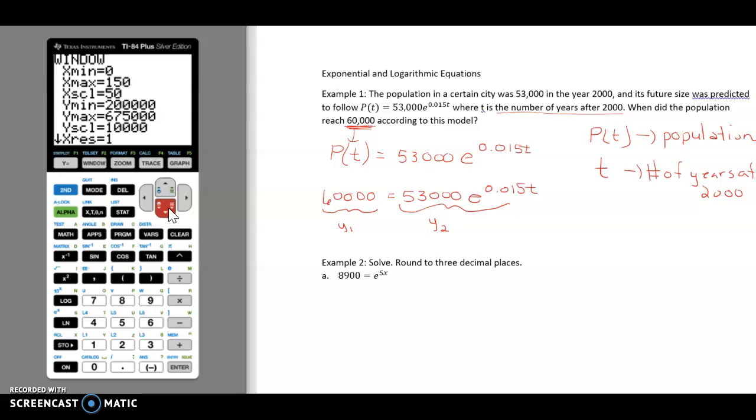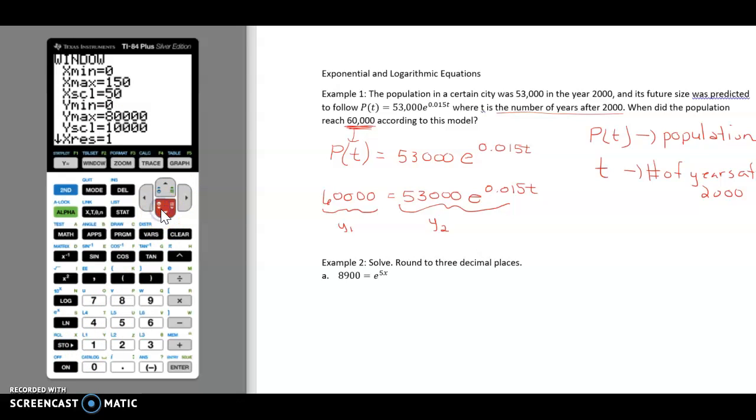I think that's probably too high, but we're going to leave it there and see what happens. My x scale, I'm going to leave it at 50. My y min, I'm going to put 0. And my y max, instead of this very large number, I'm going to go down a little bit, and let's do 80,000. And I'm going to leave my y scale at 10,000.